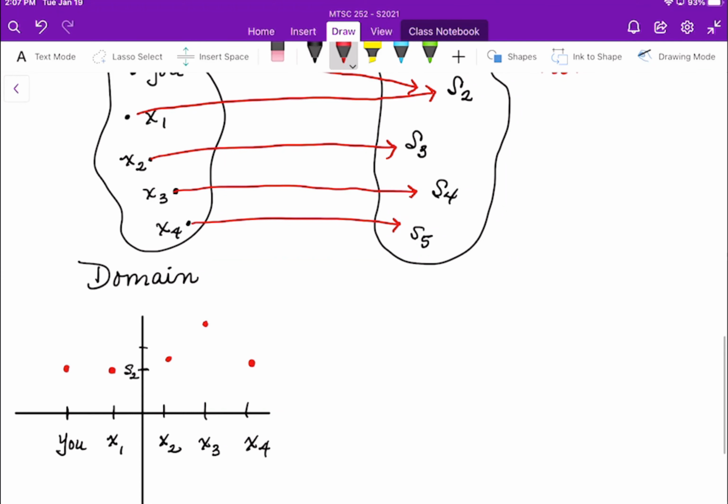So if this were a function, a continuous function, notice these two values are the same. I have an x1 going to some f value. I have another x going to the same value. That's the problem.